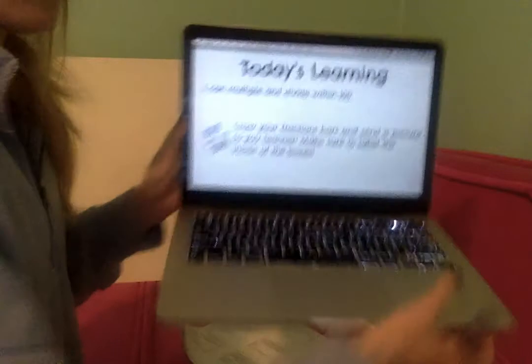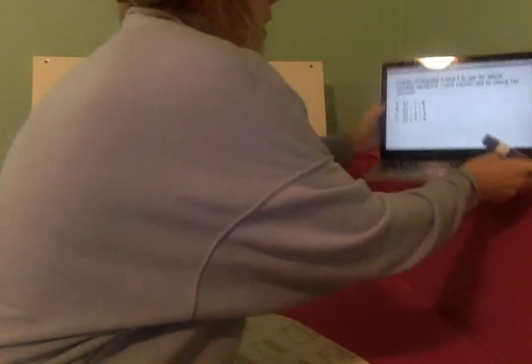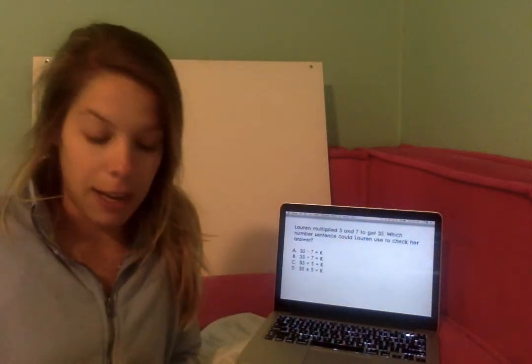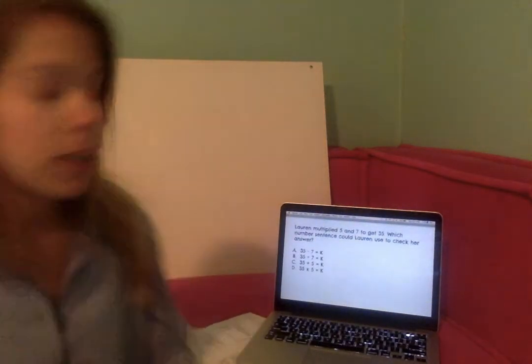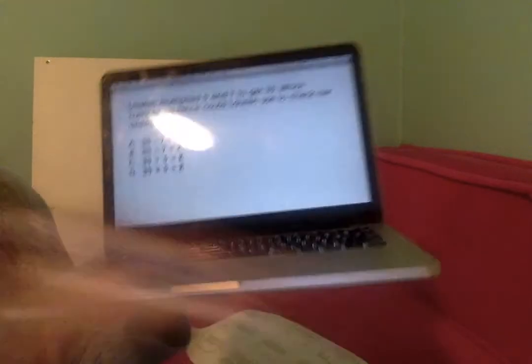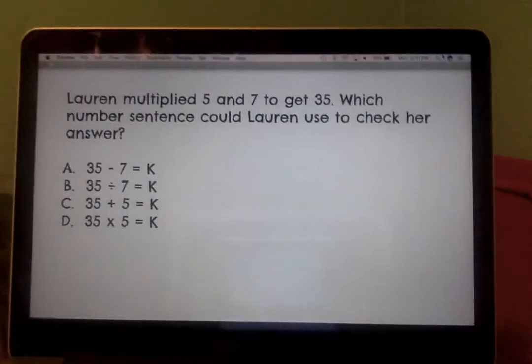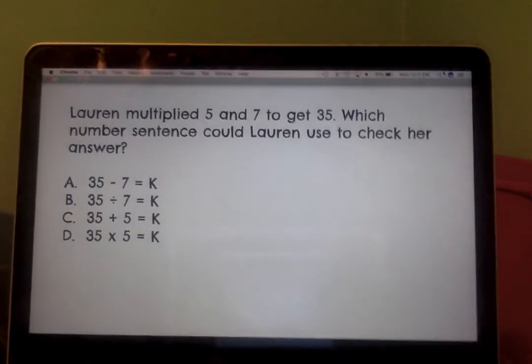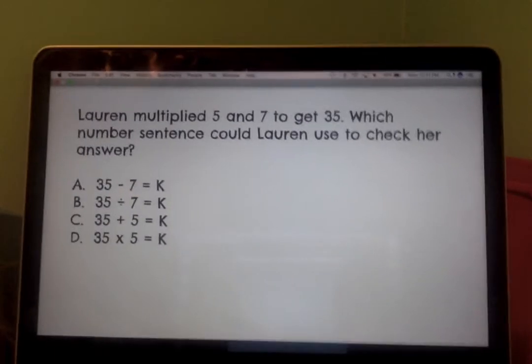So, today starts a review for you guys on OA7, which is the multiplying or dividing within 100. So the first problem we're going to look at is Lauren multiplied 5 and 7 to get 35.